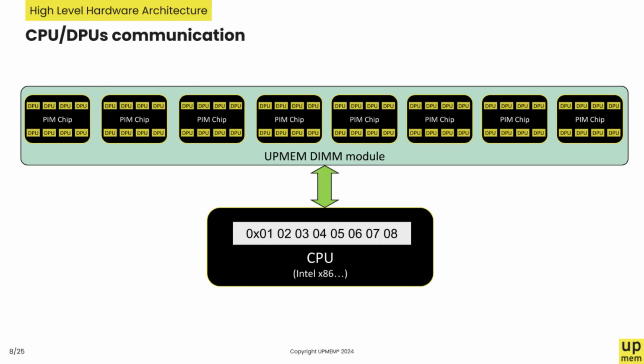Another last thing, and maybe one of the most important things to note about the hardware architecture that has consequences on the way we program. When you're using regular DIMM, regular RAM on an x86, well, any sort of CPU really, what's happening when you're writing a double word into memory is that it's split into bytes, and each of those bytes is sent to a different bank.